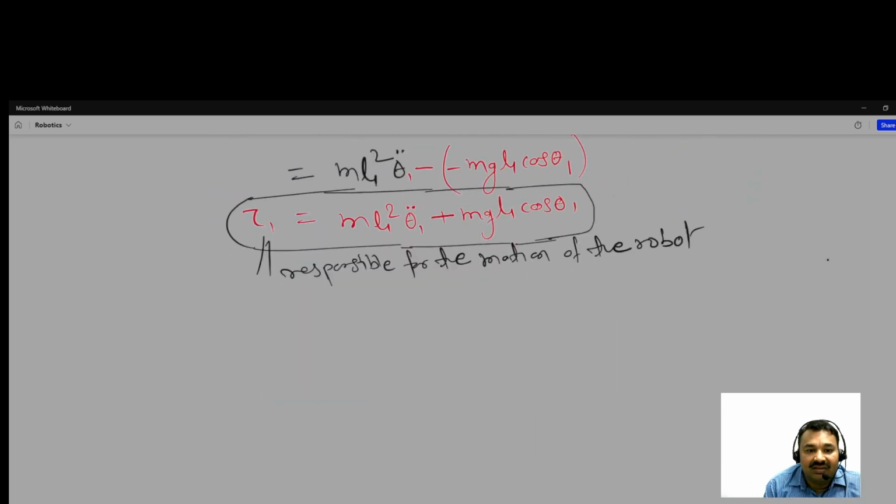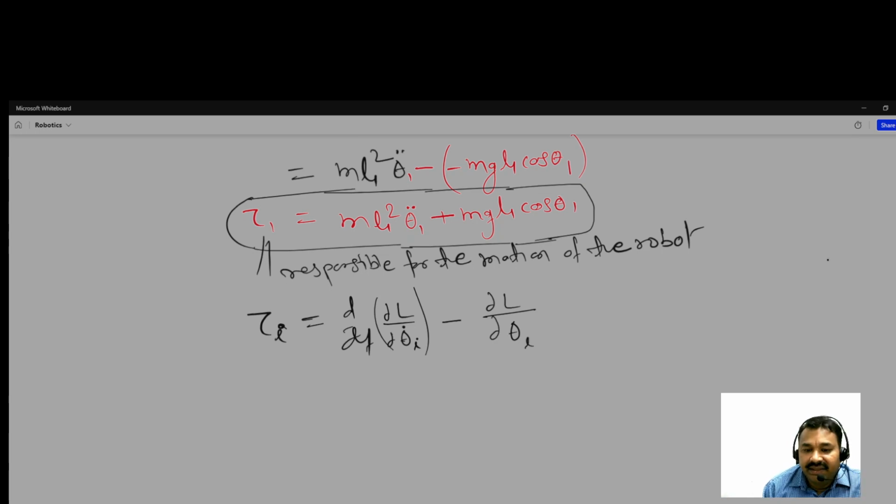Okay, so once again, the Lagrangian operation: tau i equals d by dt of del L by del theta i dot, minus del L by del theta i.